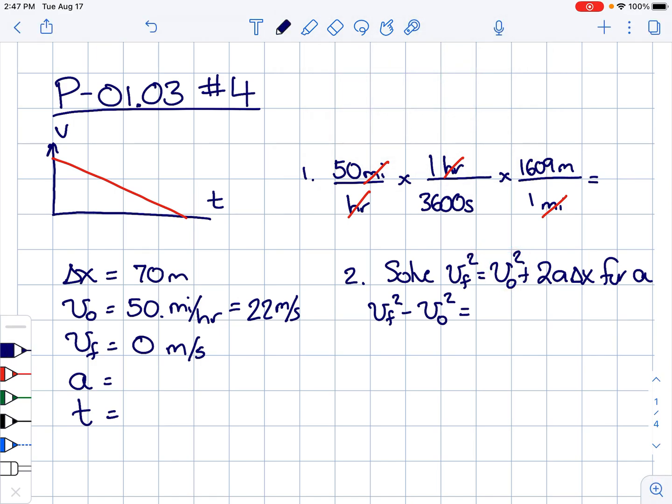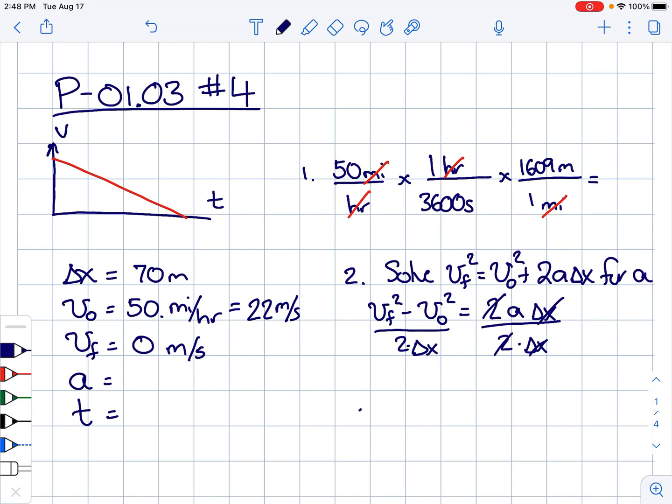And that will leave me 2a times delta x. Remember, I'm trying to find a, so I'm going to divide this side by 2 times delta x. So I have to do it to this side too, 2 times delta x. That just means that the 2's cancel, the delta x's cancel.